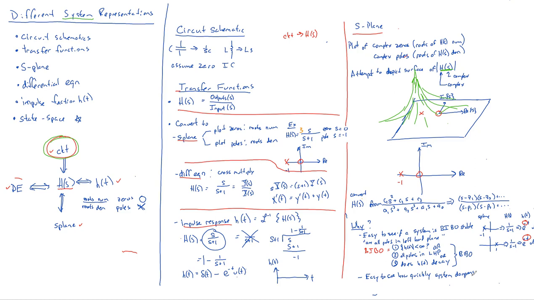So the farther the poles, we only care about poles, again, the farther the poles are to the left, the faster it decays. And that's because if we have one at -1 and one at -2, that is equivalent to having an h of t of e to the -t versus an h of t of e to the -2t, and this decays faster.